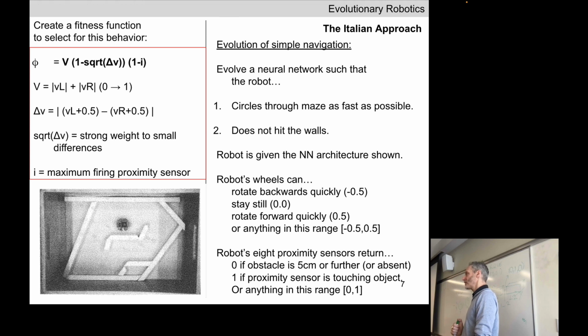Everybody see that? Okay, let's start with term number 1. This is the easiest one, V. We got pretty close to this one already. They're going to sum the absolute value of VL and VR. So the absolutes are placed there because the investigator said, we don't care whether the wheels rotate backwards or forwards. They just should rotate at highest magnitude.